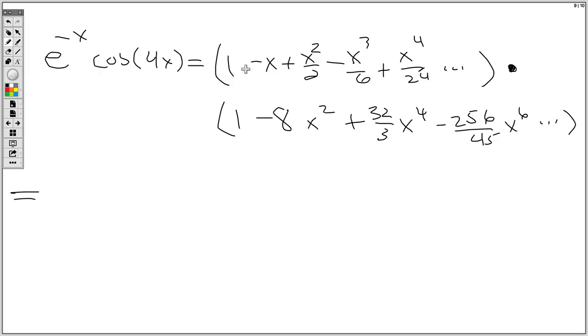So look at what we got here. We're going to have to take each term in the first series and multiply it by each term in the second series. And the joke's on us because there's infinitely many terms. So what do we do? Well, remember, they only want the first 4 terms of the answer. So here's what I like to do. I like to think about the powers of x you can get out from this product.